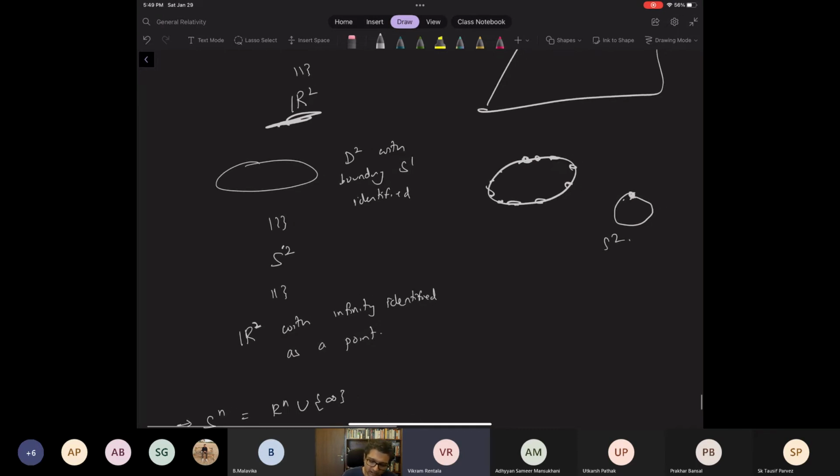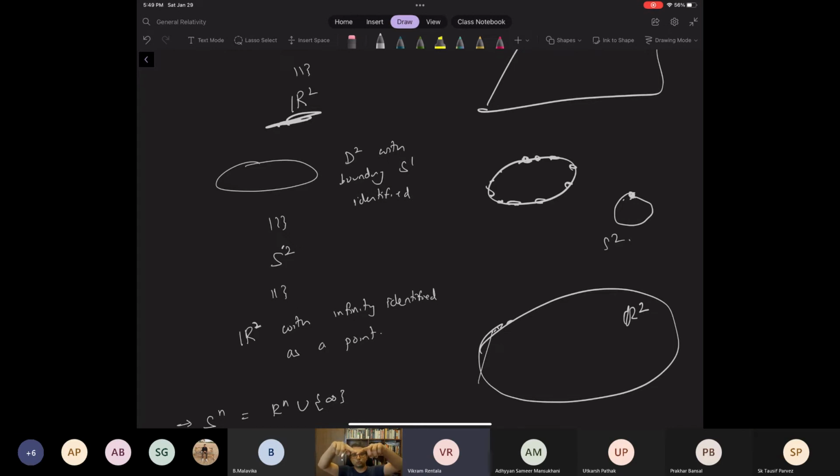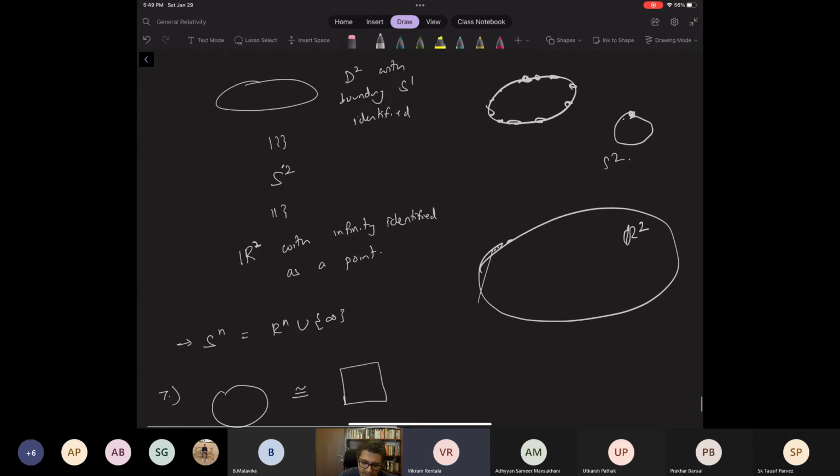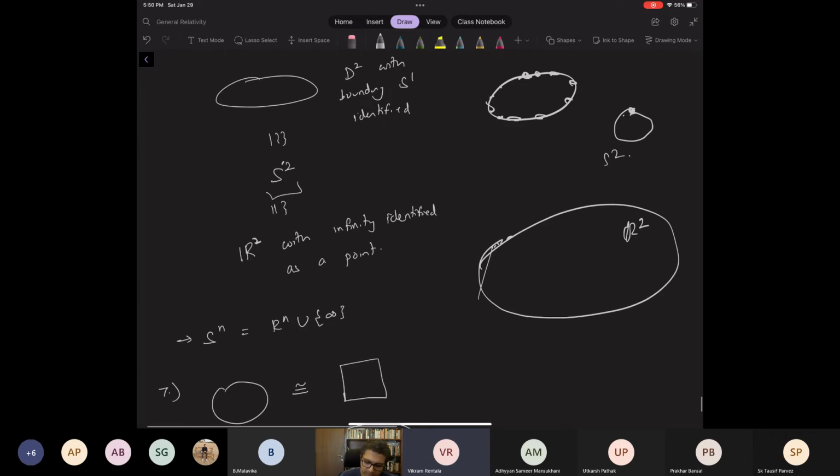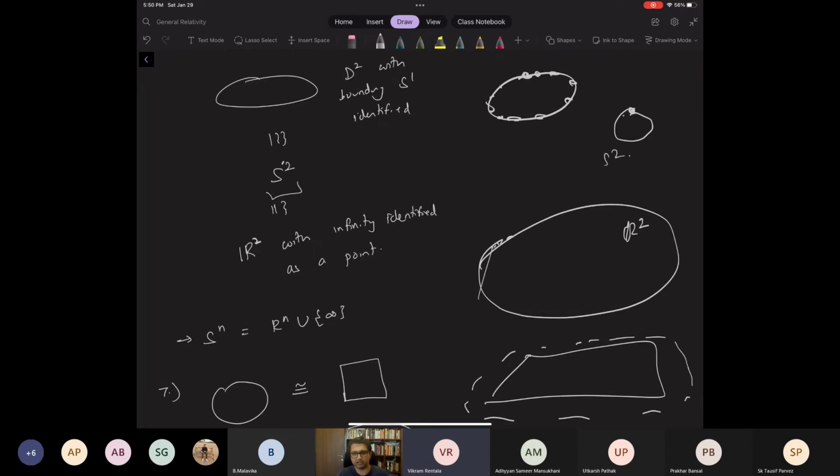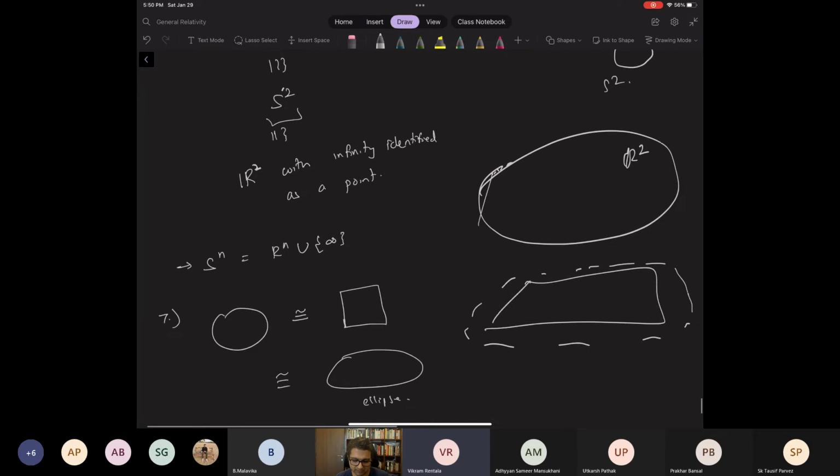Okay, and since the disk is homeomorphic to R2, the entire real plane, you can take the entire real plane and glue the entire spatial infinity together to a single point, and that also becomes a sphere. If I identify all the points at infinity as the same point and wrap it up, that also becomes a sphere.